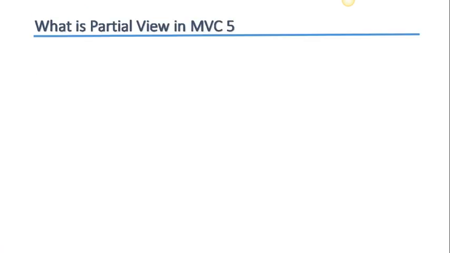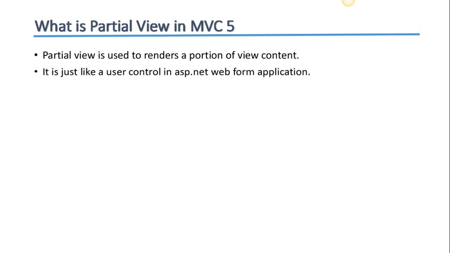So let's start. First one is what is partial view in ASP.NET MVC 5. A partial view is used to render a portion of view content. So if you want to render some portion of content to the browser, then we can go with the partial view. And a partial view is just like a user control in ASP.NET web form application.